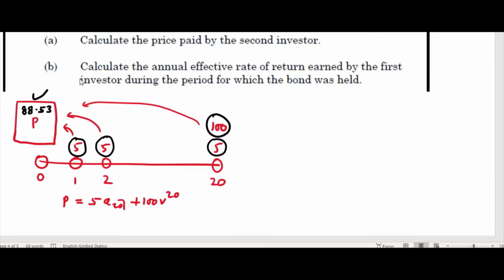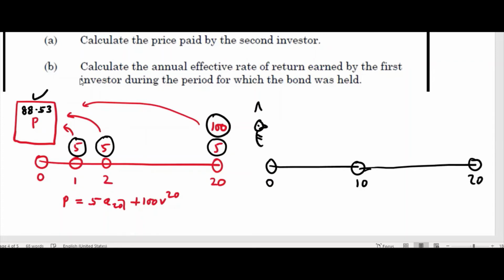However, what happened? After 10 years, you changed your mind. Now you are selling it to someone else. This is 0, 10, 20. So here you purchase, and here you are selling it to B. You will sell it to B. B will purchase from you.